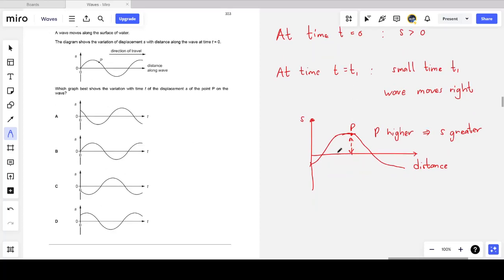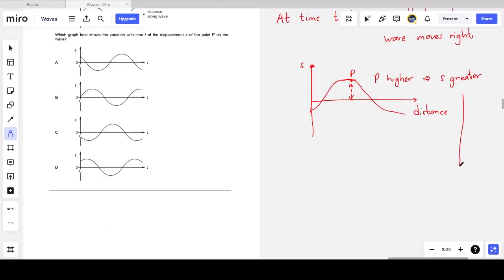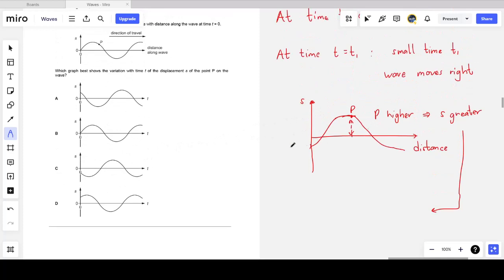So why is this important? Well, because I now need to decide what the displacement versus time graph looks like. Initially the displacement is positive, so I have to look for a graph where the displacement is initially positive. And that's option A and option D. But then I must look for a graph that has a displacement that is greater than its initial displacement. And so the displacement is going to increase with the time t1.